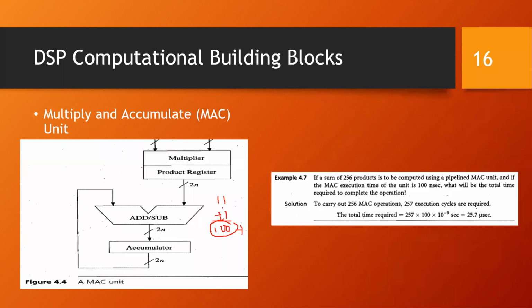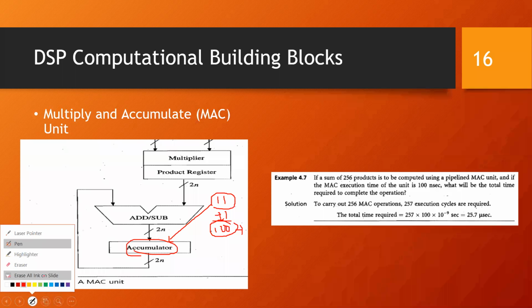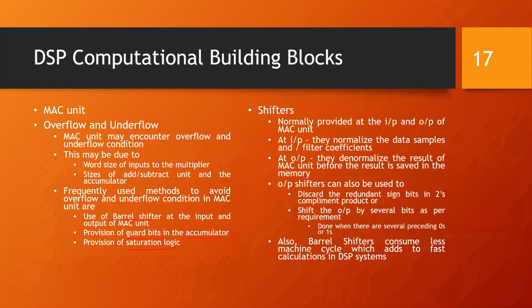If there is an overflow, you store the accumulator with the largest possible value, and if it is going below the lowest possible value, you store the lowest value in the accumulator. By this you are trying to avoid the saturation. Accuracy is lost, but you provide the saturation logic to avoid the overflow and underflow condition.